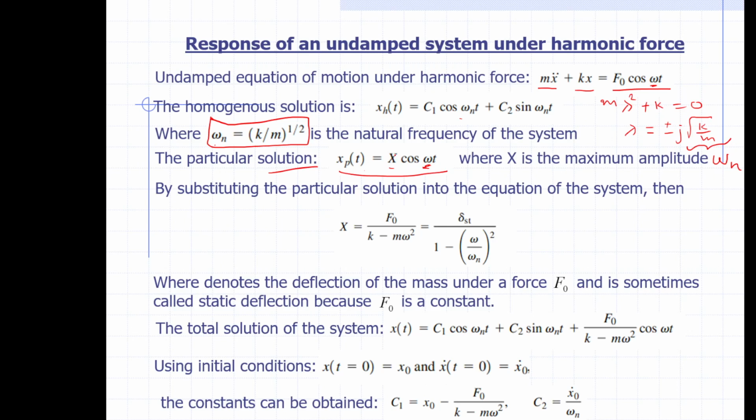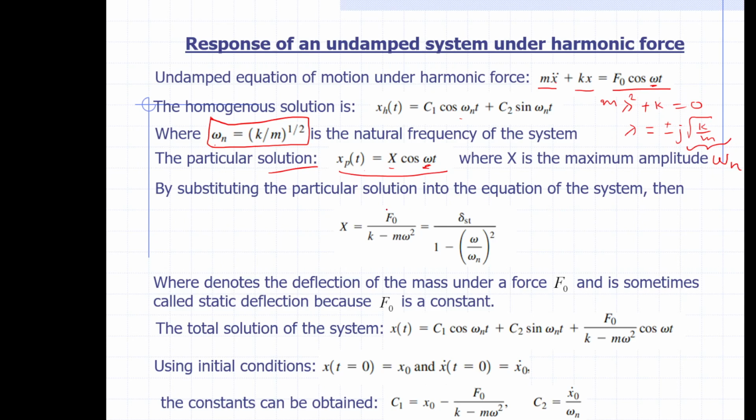Then to find h, you need to take the second time derivative and substitute in here. Okay, so let me do it. I take the time derivative first.